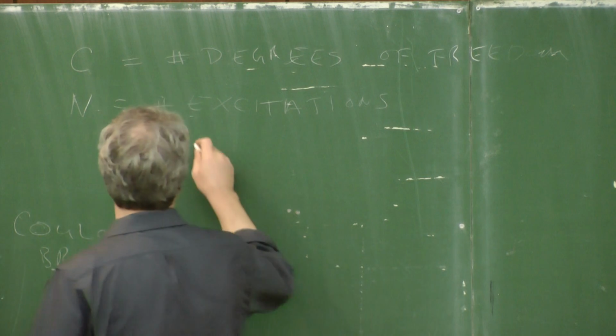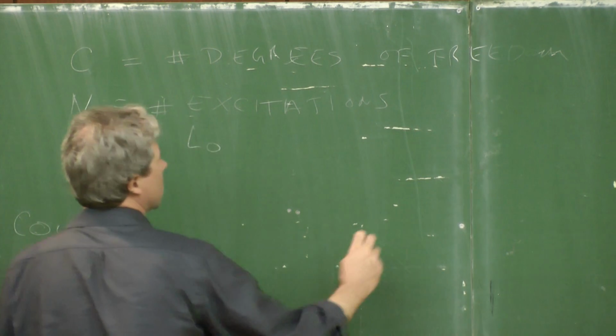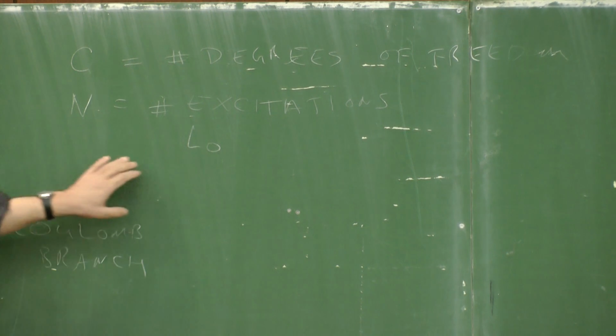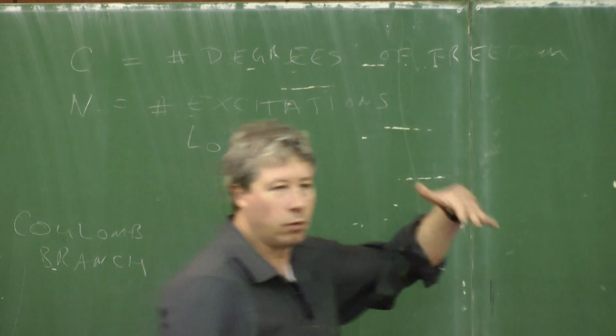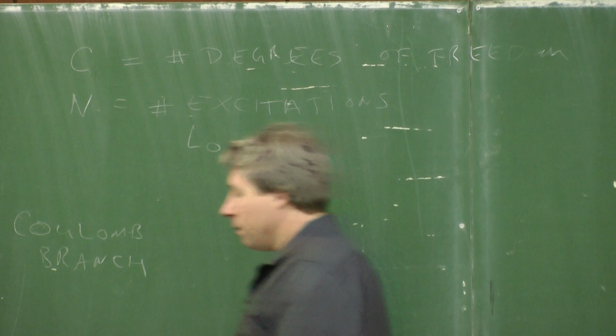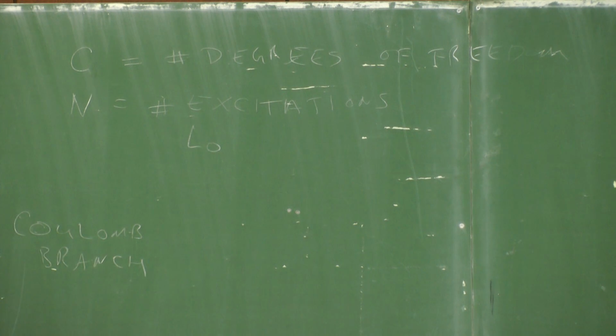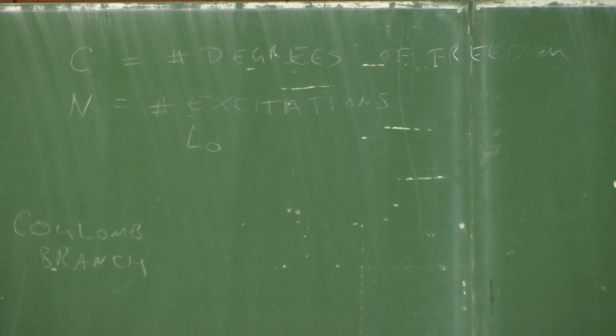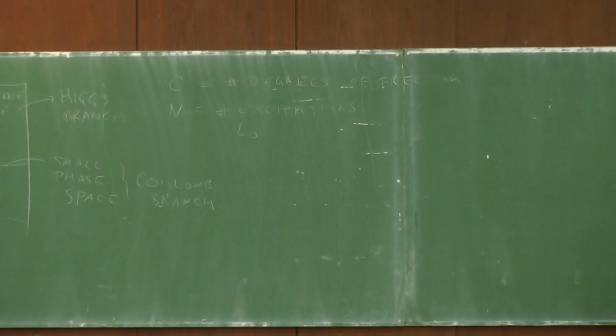You have the central charge characterizing the number of degrees of freedom, and L naught is telling you the quantization of what excitation level I'm at. So this is modeled after things we know. C is characteristic of the theory, not of the state. Yes, but as I will make clear.